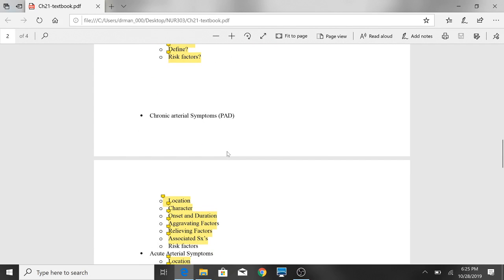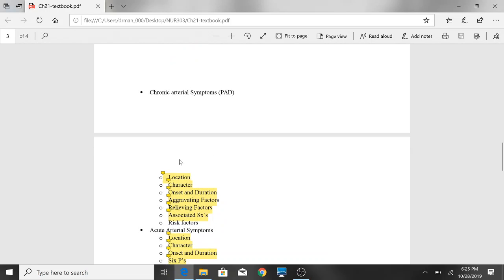Going on to chronic arterial symptoms. Usually it could be in the lower leg, but it could also be in the calf. Usually in the calf though. Some of the characteristic signs are intermittent claudication, cramps, numbness, cold, and tingling. It's usually gradual onset, activity is usually the cause, and you can relieve it with rest.